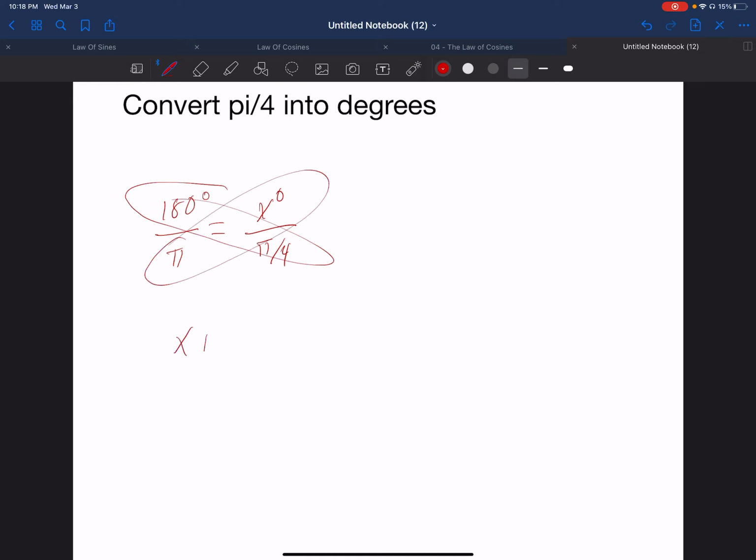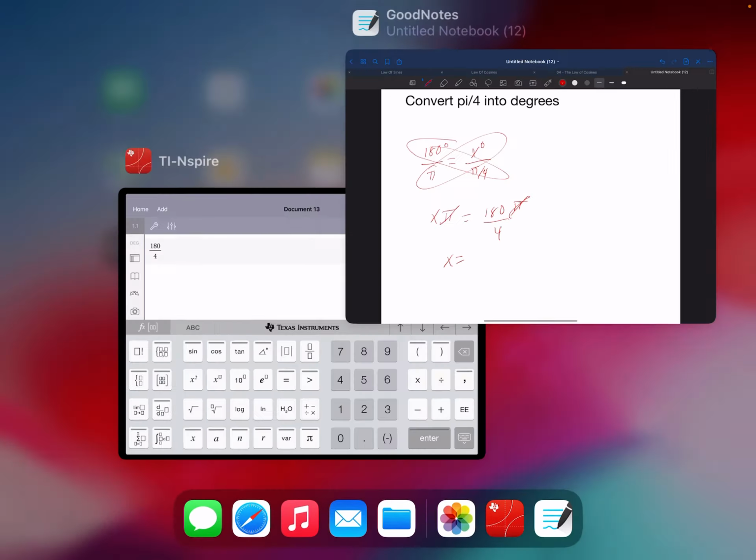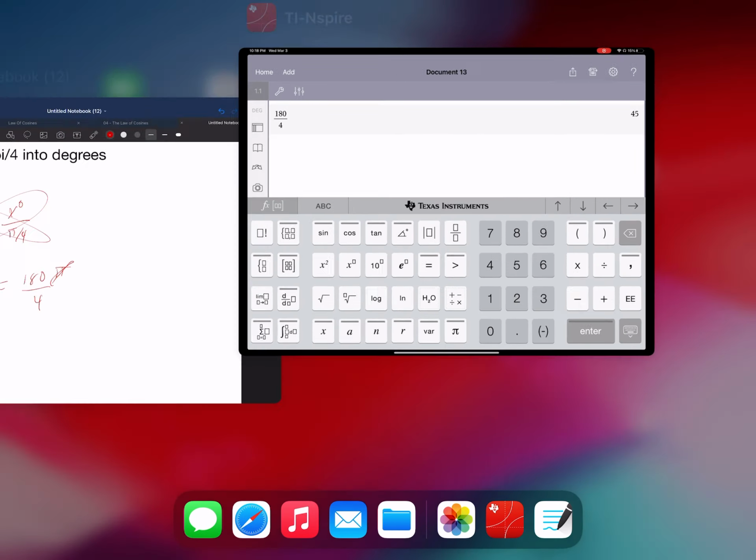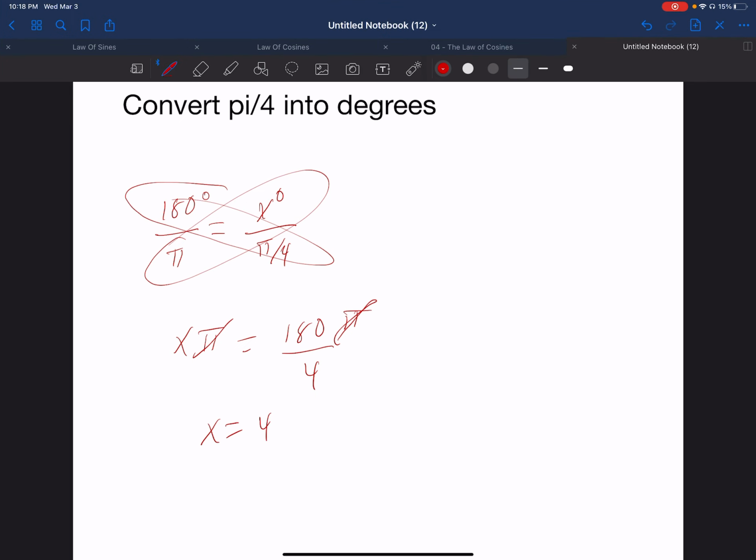I'm going to get x times pi equals 180 pi over 4. You can just cancel out the pi's here immediately. And then we can do 180 divided by 4, which I already have over here, which is 45. So now I know that 45 degrees is the same thing as pi over 4.